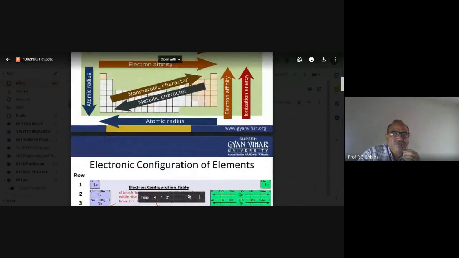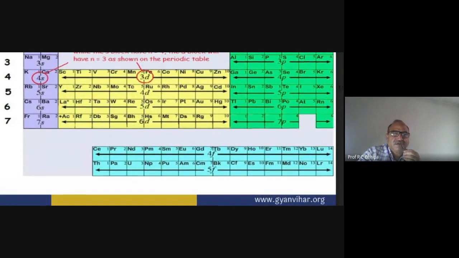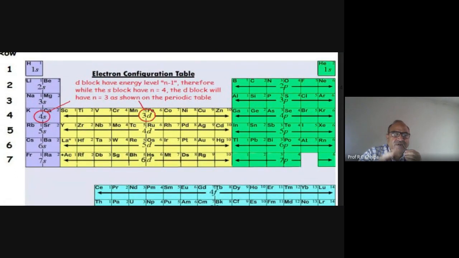Before that, we can see the different periods here. We have already discussed the second period, and we have the third period here, the 3s, then 3d.